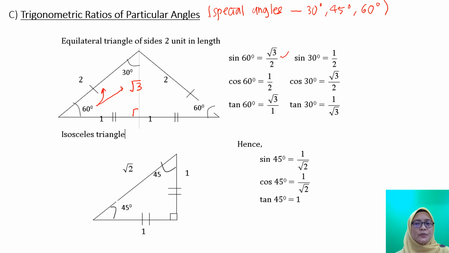So you dapat root 3 over 2. So cos is adjacent, which is 1, over hypotenuse is 2. So you get 1 over 2 and so on. So means that diagram ni awak kena ingat lah, supaya senang kita nak ganti untuk nilai yang ada special angle.